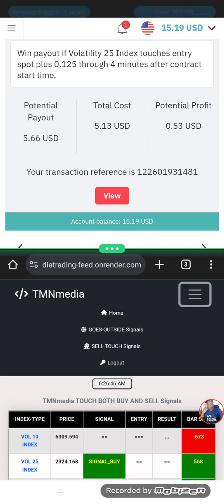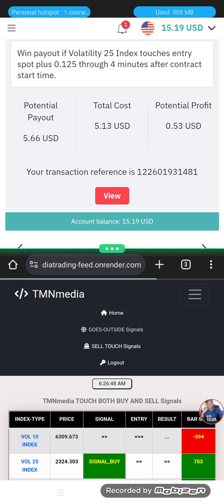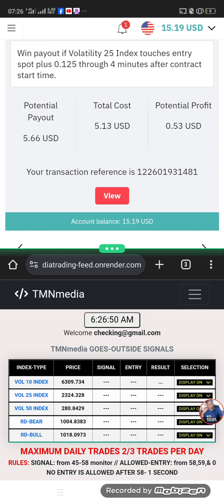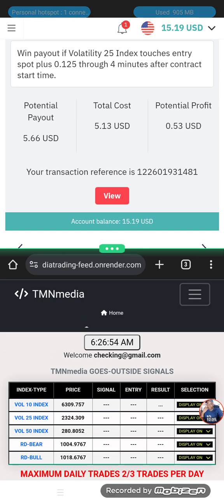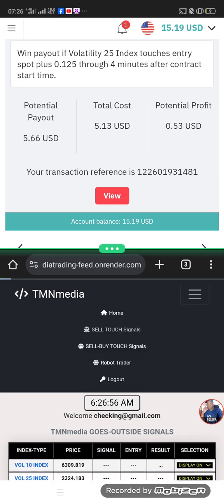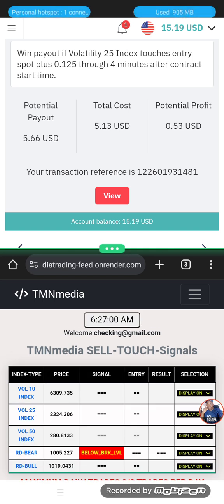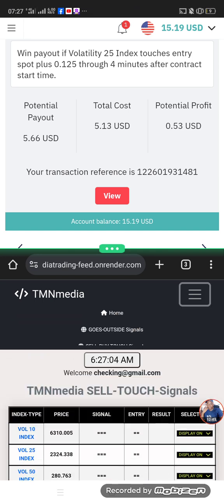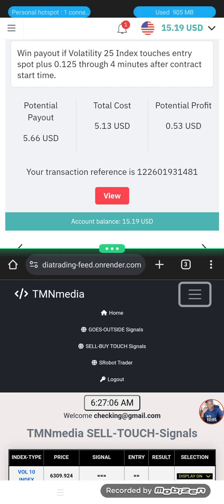Now, if you go and check on goes outside, we have these three and then red bull, red bear, 5. Then the same with ordinary sell signal, you see those are the same. So I had to just introduce 100, because those are the ones I'm working with.